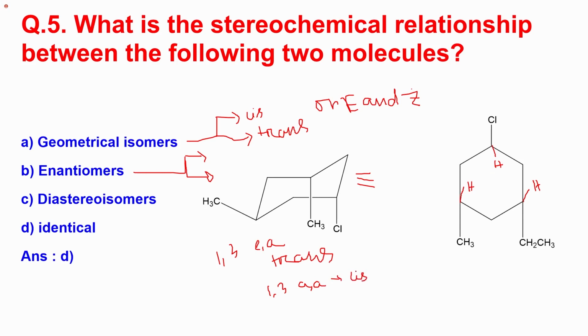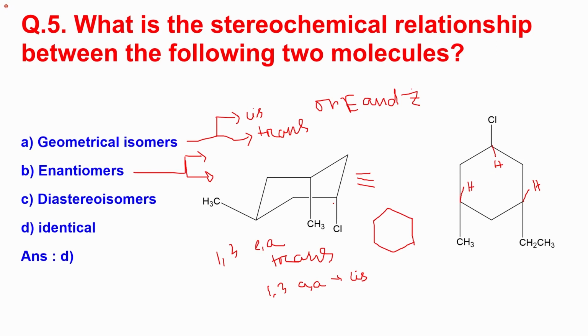Now if we draw this molecule in such a way that the CH3 should be trans, this CH3 is axial compared to this CH3, and this Cl is equatorial.